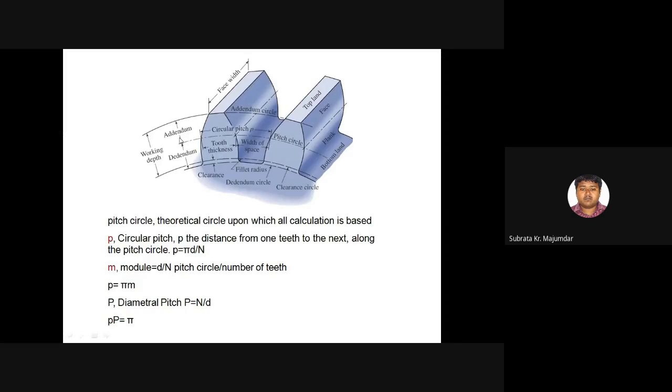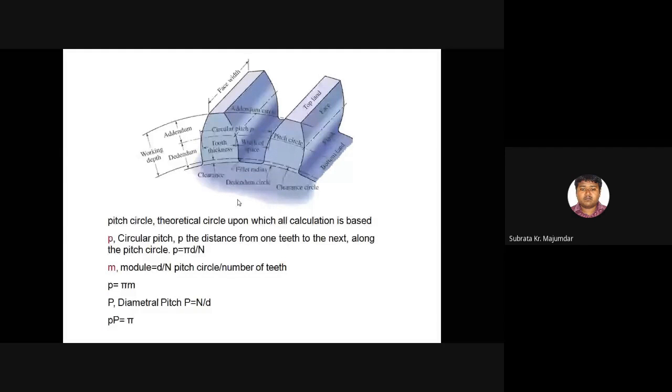In the same way, the distance from the pitch circle to the base of the tooth is known as the dedendum. It is the radial distance of a tooth from the pitch circle to the bottom of the tooth. One is the upper part of the tooth, one is the bottom of the tooth. From the pitch circle to the top of the tooth is the addendum, and below the pitch circle is the dedendum.